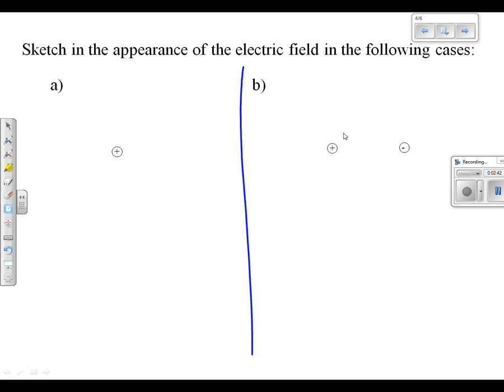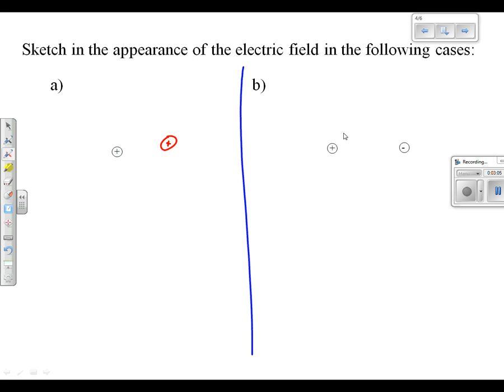So a single positive charge, what does the electric field look like? How do we determine the direction of electric field? The direction that what do we use? Positive test charge or negative test charge? Positive test charge. So if we bring in a little tiny, itsy bitsy positive test charge, is it going to be attracted or is it going to be pushed away?